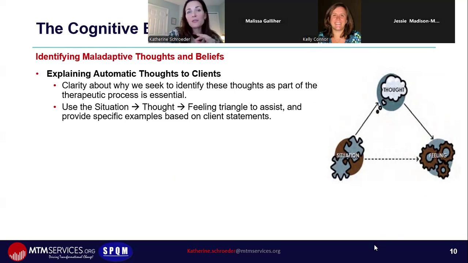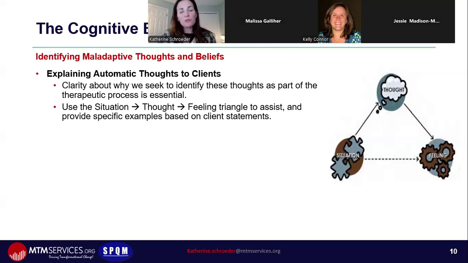So I really like to use for my more visual clients a nice little situation, thought, feeling triangle like you have on the screen here, just to help them really understand. Because so often, of course, what our clients are experiencing is they recognize this thing happened, situation, and I felt this way, right? They really are often not putting together or seeing, because it's so quick, it's so automatic, the thought that happened in between.